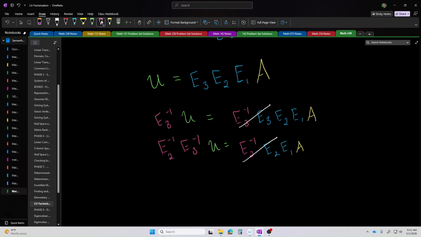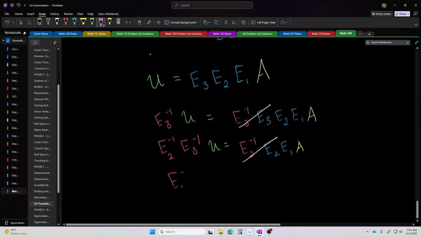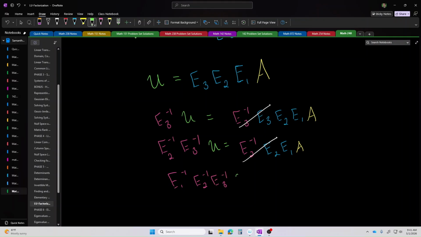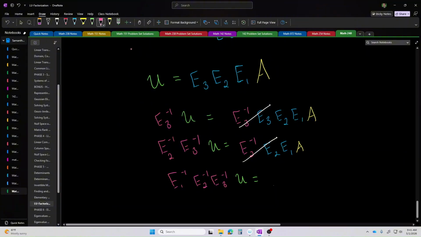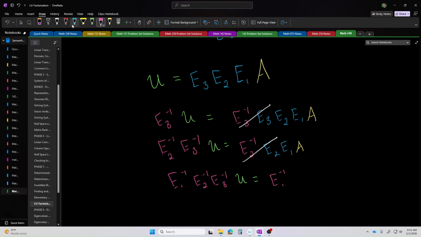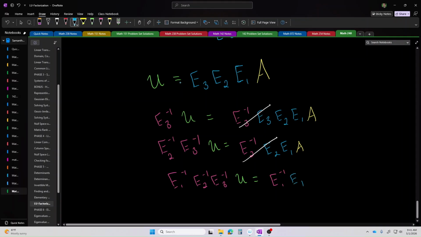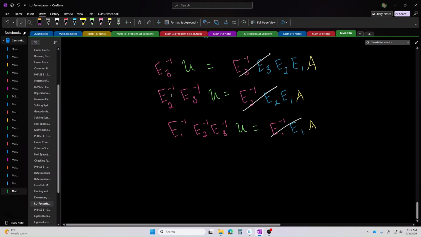And finally, I can eliminate the E1 from both sides of the equation. Apply E1 inverse to both sides of the equation, and that will cancel out that final elementary matrix, and it will leave A all by itself on the right-hand side.